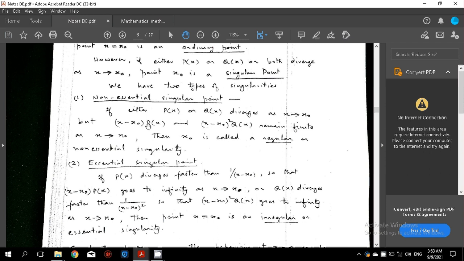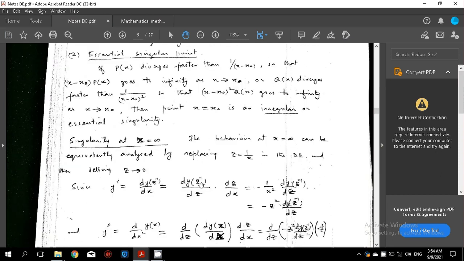So even after multiplying with these factors, the terms remain infinite. Then we will say that x equal to x naught is an irregular singular point or essential singularity. So you must go through these definitions here.